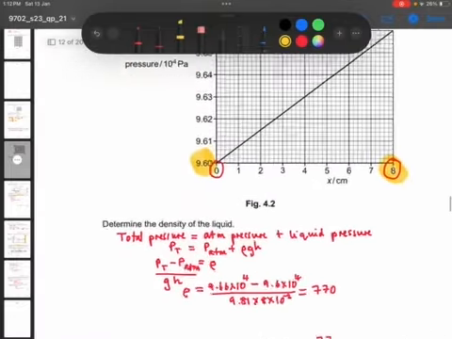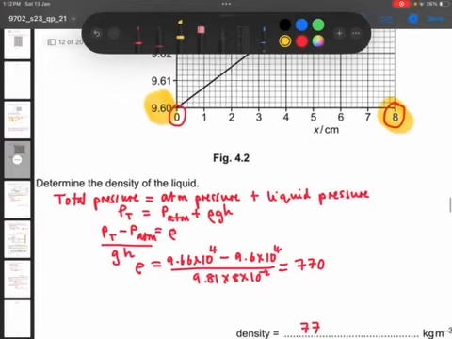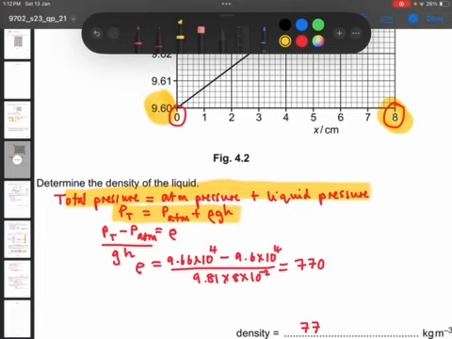We can write that as an equation by saying the total pressure in a liquid is equal to atmospheric pressure plus the pressure due to the liquid. To simplify, the total pressure PT is equal to P atm, the atmospheric pressure, plus the liquid pressure, which is rho GH.